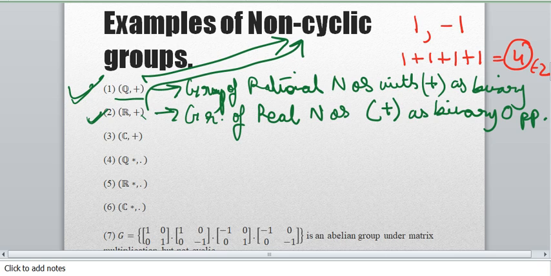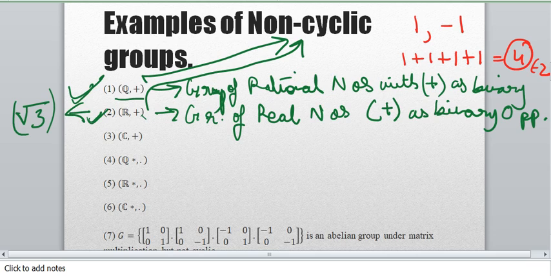Why? Because you will not find any generator that will generate all real numbers. Let's say I show you root 3. Root 3 is a real number, right? It is irrational, but still it's a real number. All irrational numbers are real numbers. So what will generate root 3? You cannot get a generator that would generate root 3.